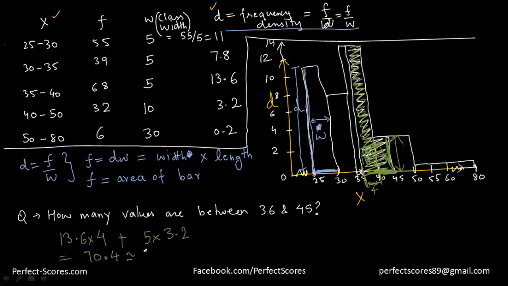So roughly 71 elements are there between 36 and 45. Just one thing you have to understand is that the area in the bars will give you the frequency.